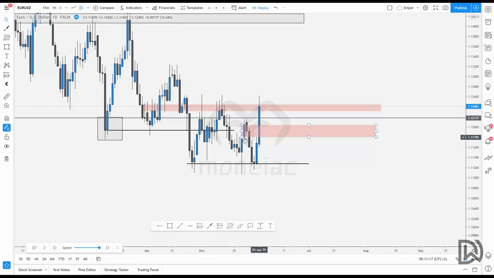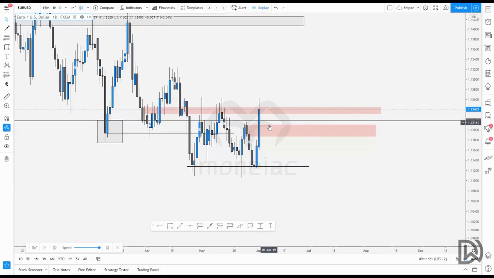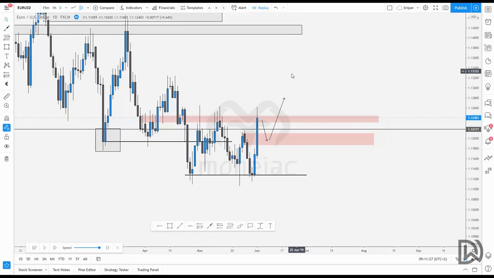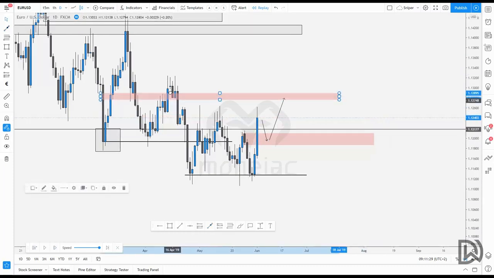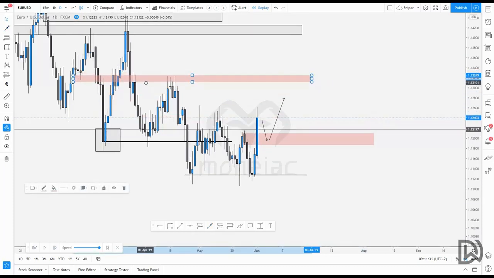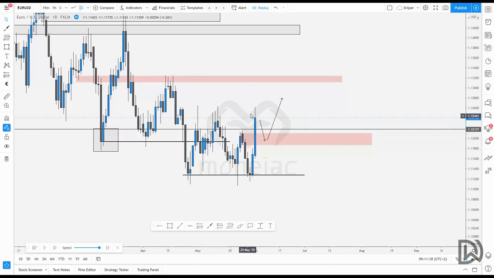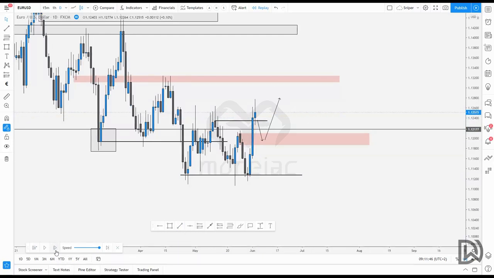Now we can anticipate price to come back towards this level for a retest, and then a higher push up, because we have again wick zones up here, and we have an order block up here as well, and we broke and closed above this level. So now we can anticipate price moving more towards the upside. Slow pullback.